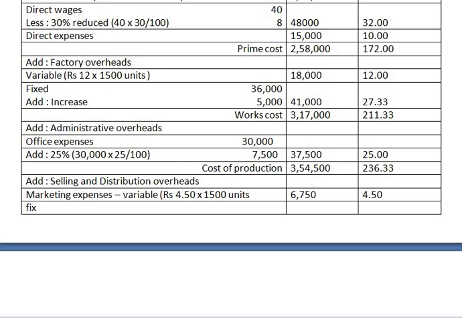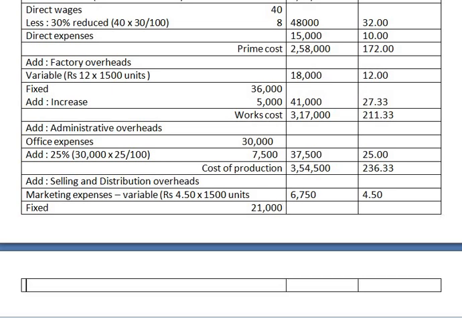Next is fixed. Here the amount is 21,000 for the year 2018. Now add the increase of 25%.